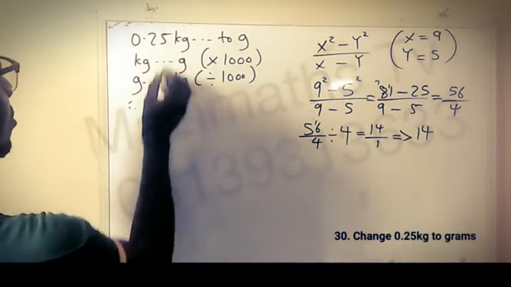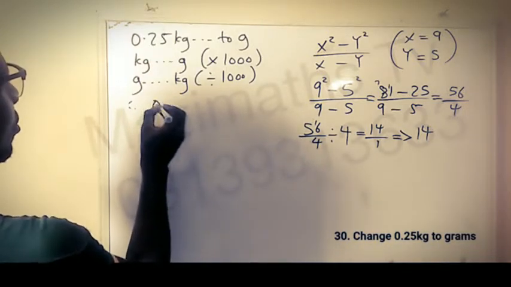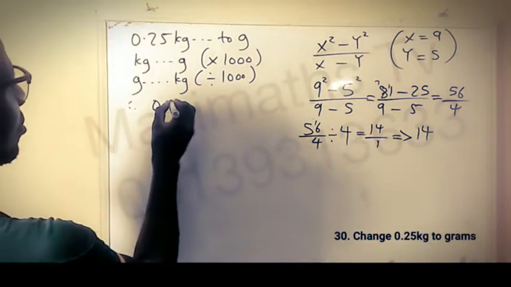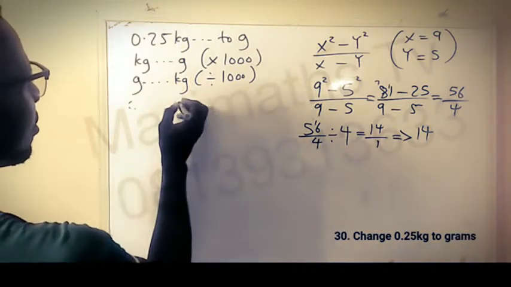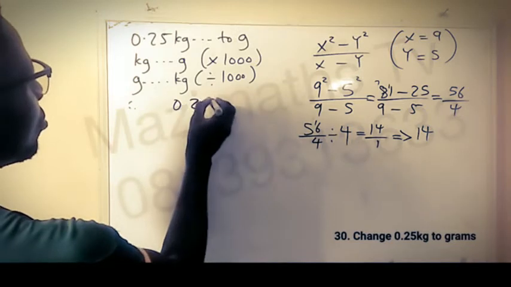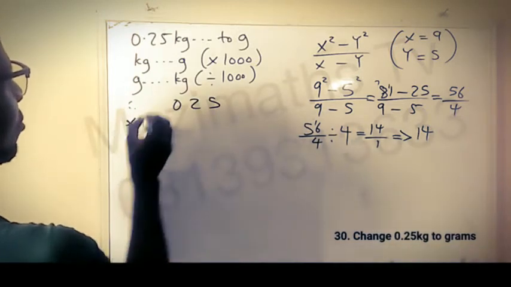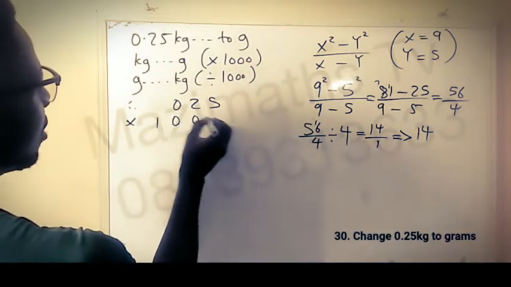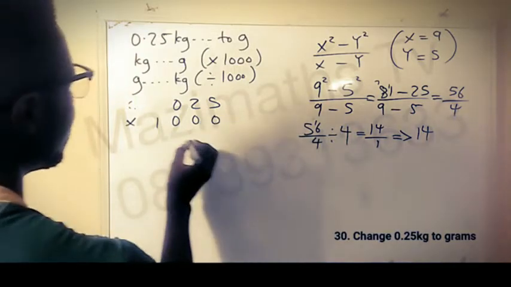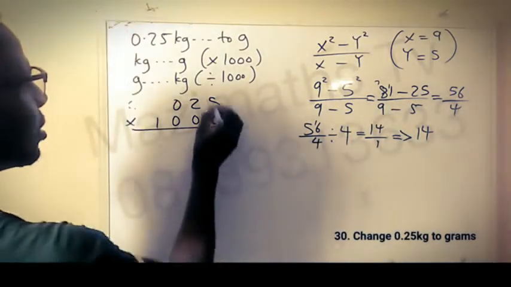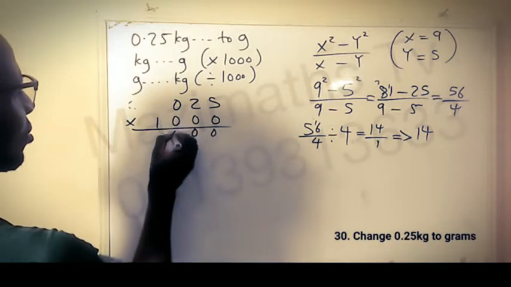That is 0.25. You can remove this point first. Okay, let me put it like this. 0.25 times 1,000. Put that 1,000 like this. Okay, now multiply. 0 times this 0, 0, 0.